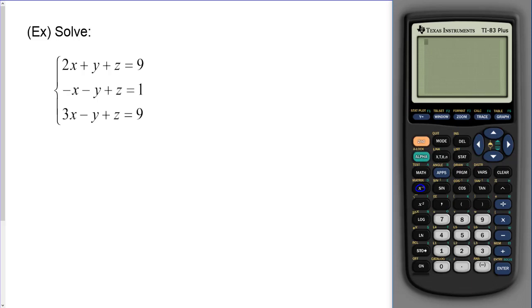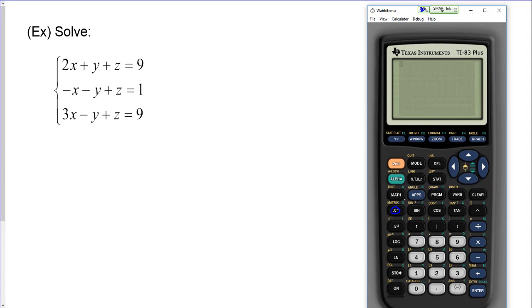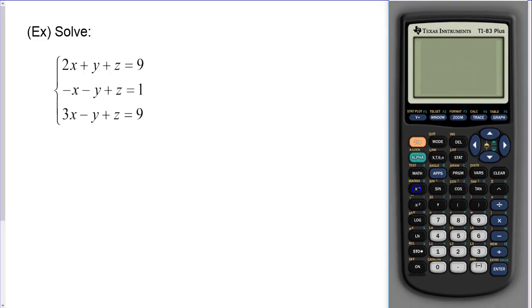In my calculator it is yellow. In your calculator it will be the same color as your second key. Now with that, I'll hit second and x to the negative 1 to get into the matrix menu. This is where I find all the different operations that I can do for matrices within the calculator.